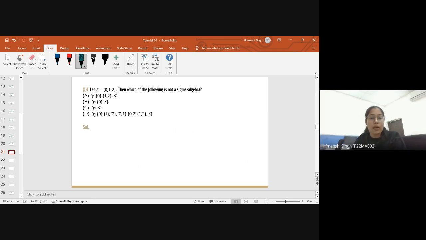Okay, so I had already done one question with sigma algebra, and I have also discussed the definition of the sigma algebra. I request all of you to solve this question, which says the whole sample space consists of these three elements 0, 1, and 2. We need to find which of the following is not a sigma algebra.